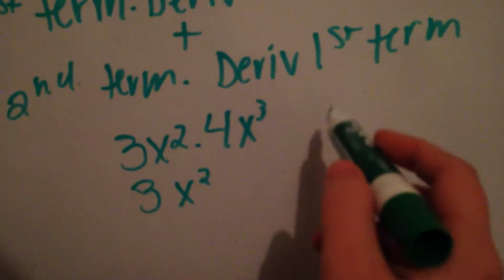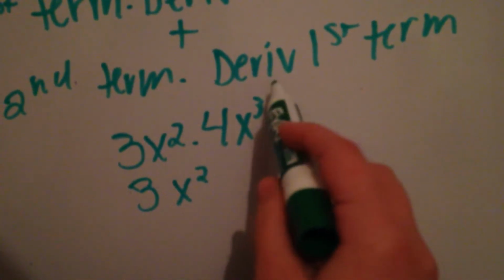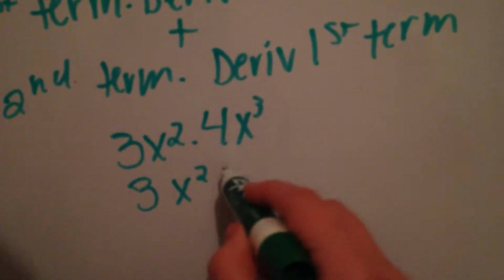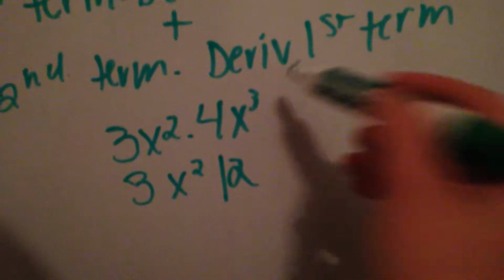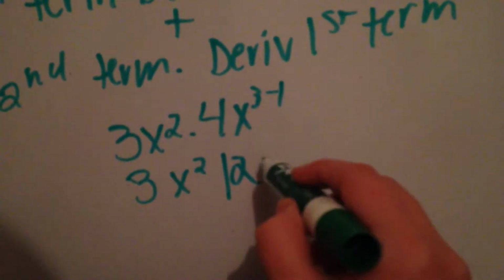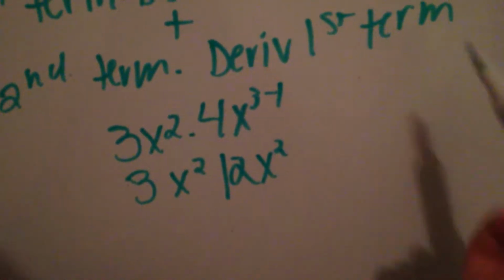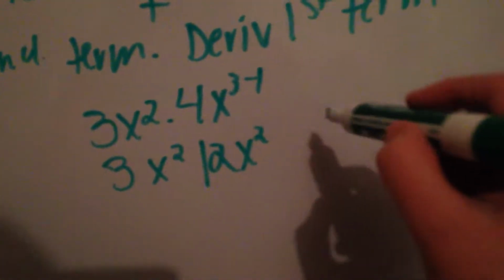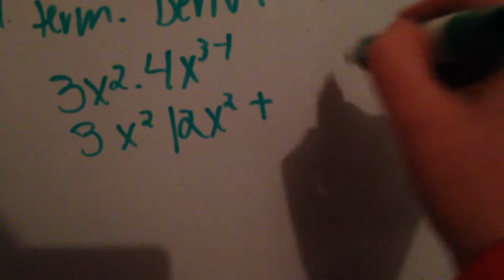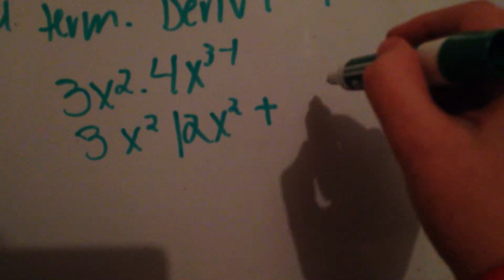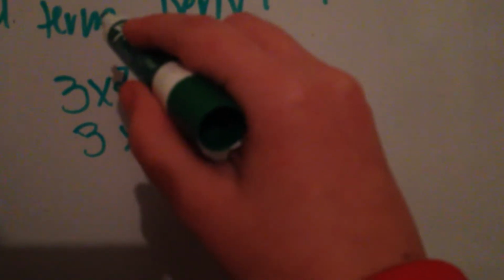Now, taking the derivative of 4x to the third, you take the exponent, multiply it by the coefficient, that equals 12, and then you subtract that 1 from the exponent, so it equals x squared. So you just add it onto there, and then you put the addition sign to add the second part of the product rule. So you want to write the second term.